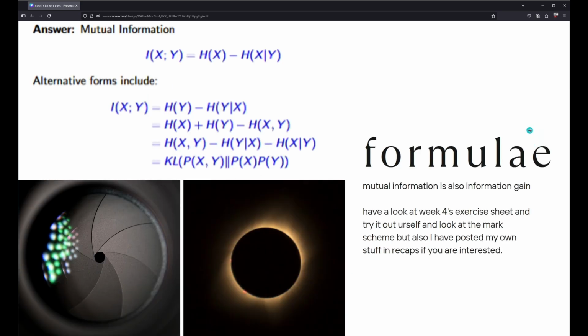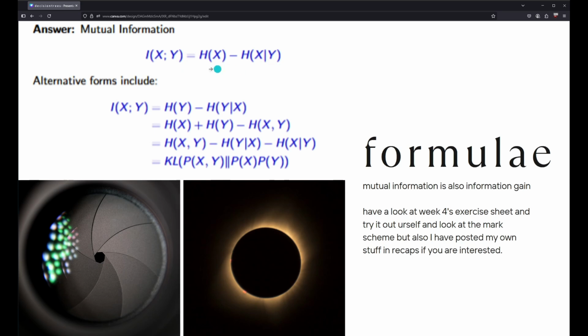But yeah, mutual information is also information gain, and information gain is a measure of importance as well as mutual information. We have the equation here on this screenshot of the slides.